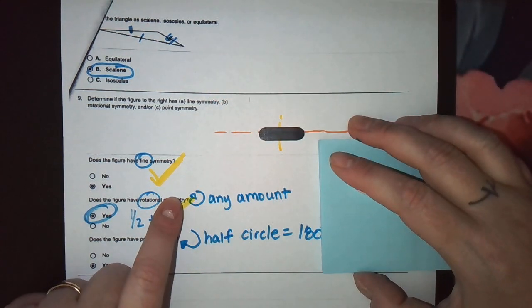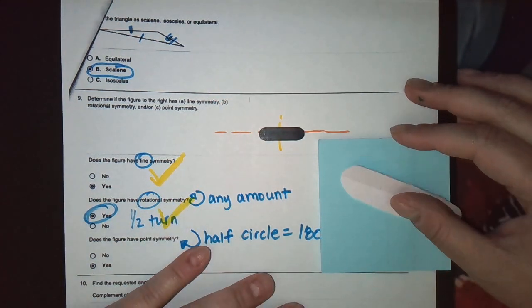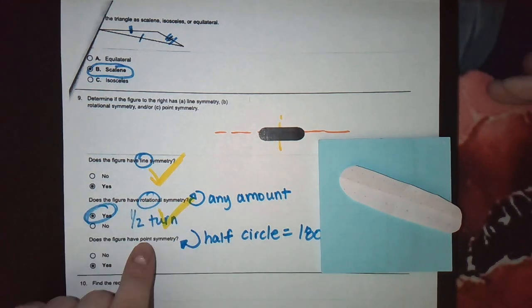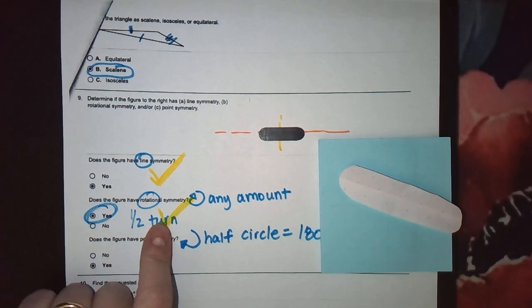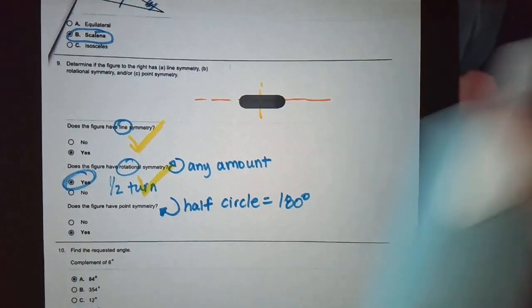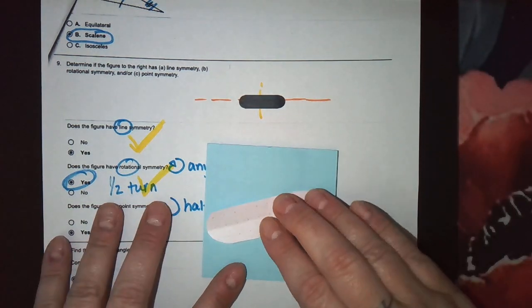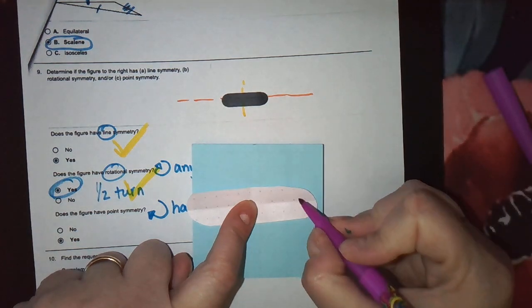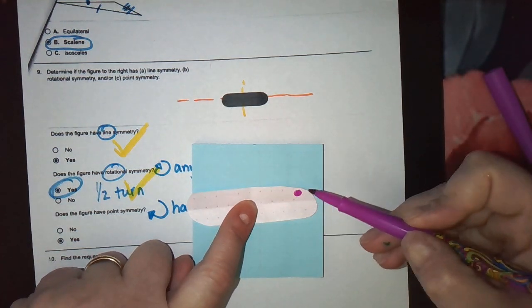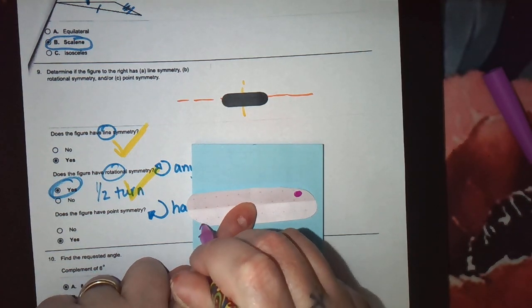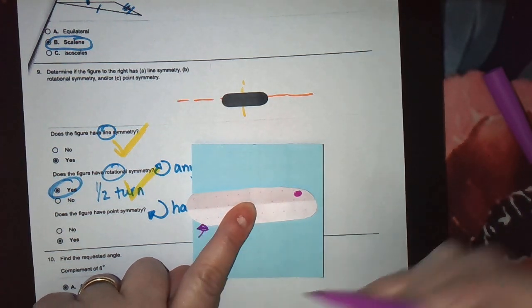Okay, so rotational symmetry is if you can turn it at all and it comes out the same picture. It doesn't specifically have to be a half turn. It could be a fourth of a turn. This point symmetry means if you hold it down in the middle and you mark a point on this top right, will it end down here at the bottom left with a half turn?